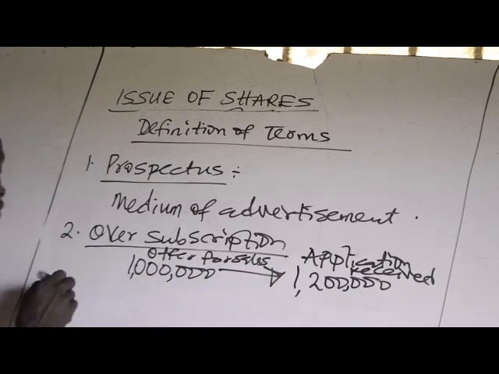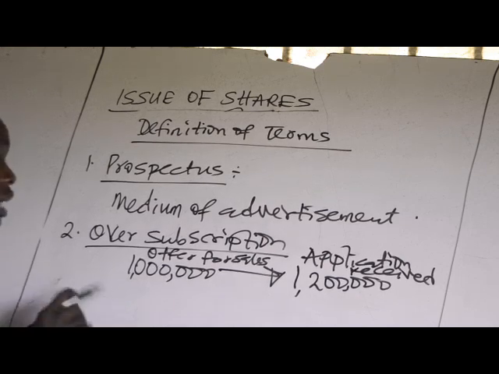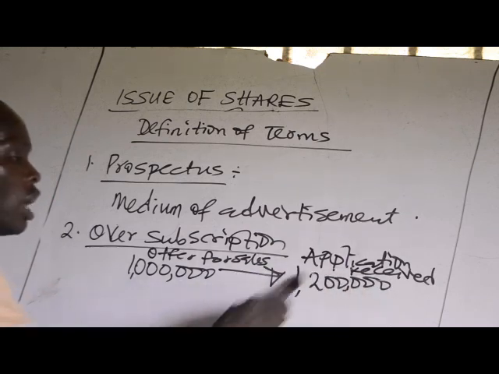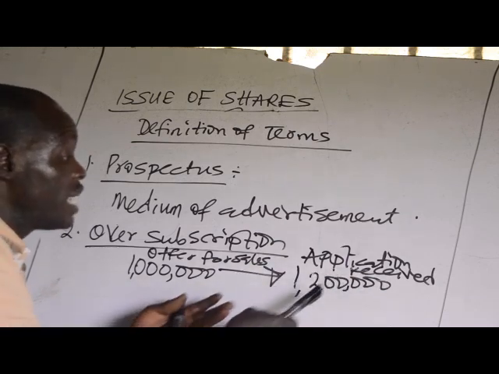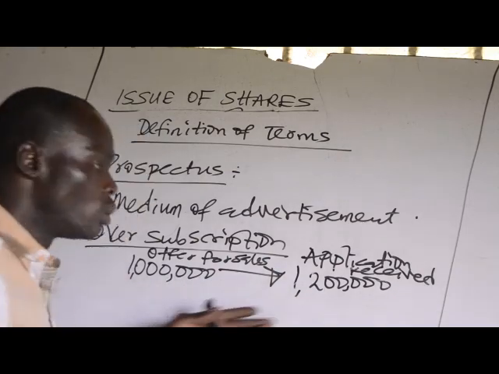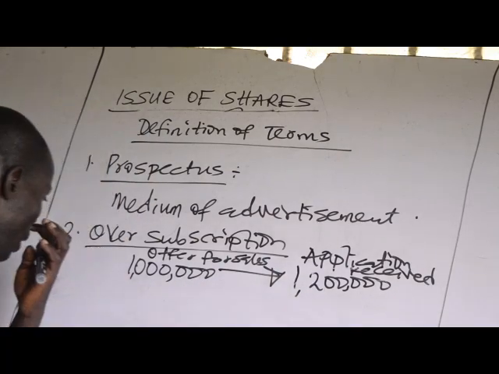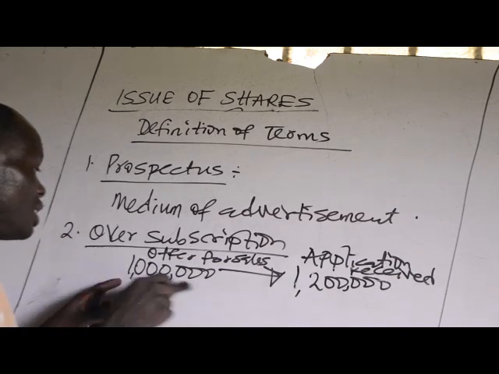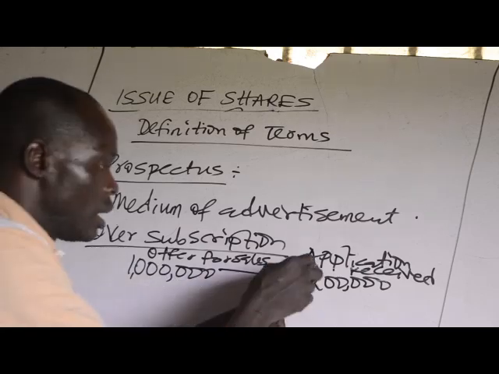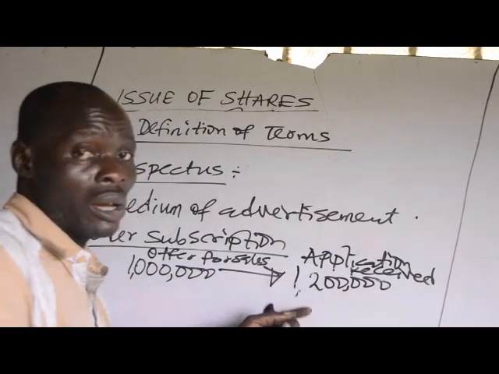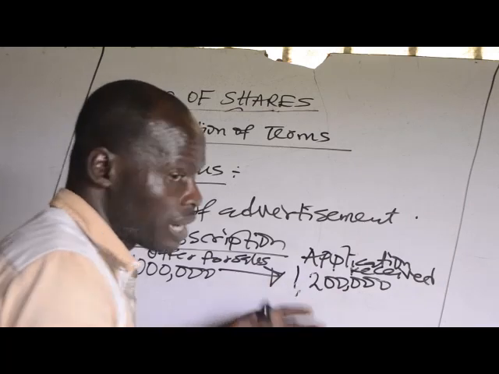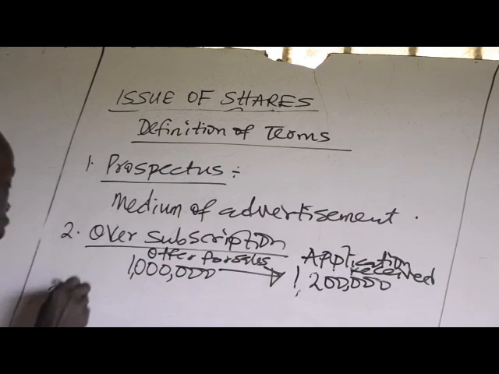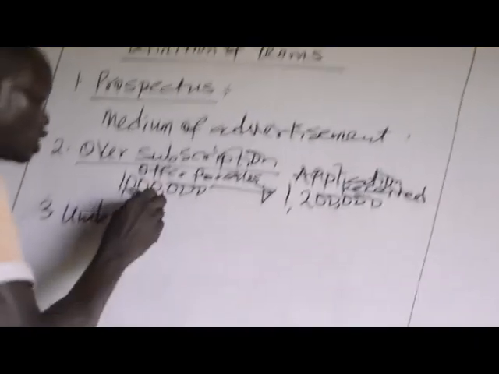Before I consider number three: in the case of oversubscription, excess application money will be refunded to those applicants whose applications were not successful. So if 1 million shares are allotted, the remaining 200,000 shares that were not allotted, they will refund their money. Number three, undersubscription.